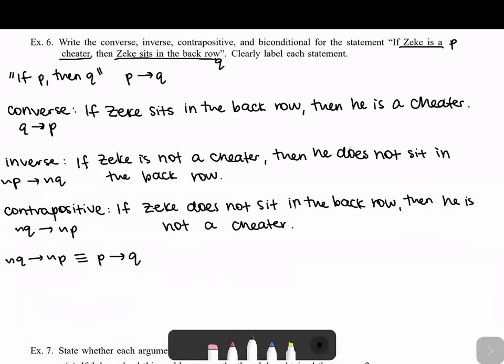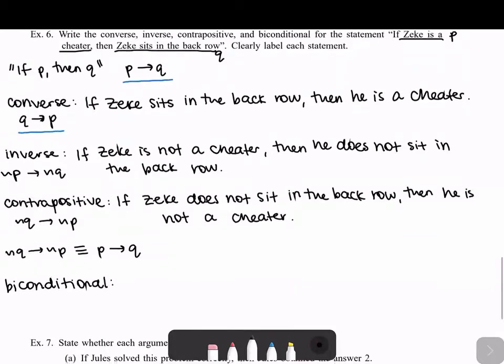Okay, so now this last one that we need to do is the biconditional. The biconditional is a lot like the conditional, but it goes both ways. So we have P implies Q as one conditional, but we also are going to combine it with the converse, Q implies P, and we need both of those conditions.